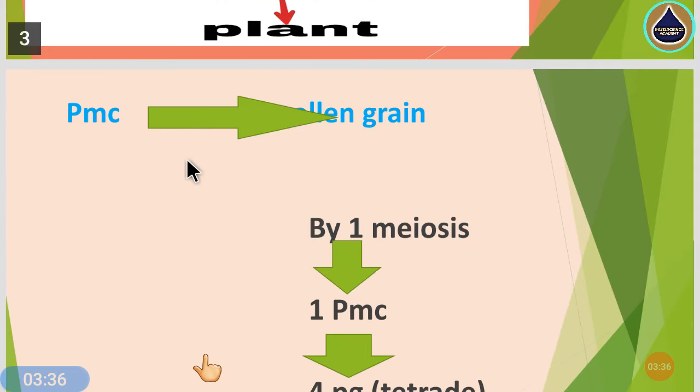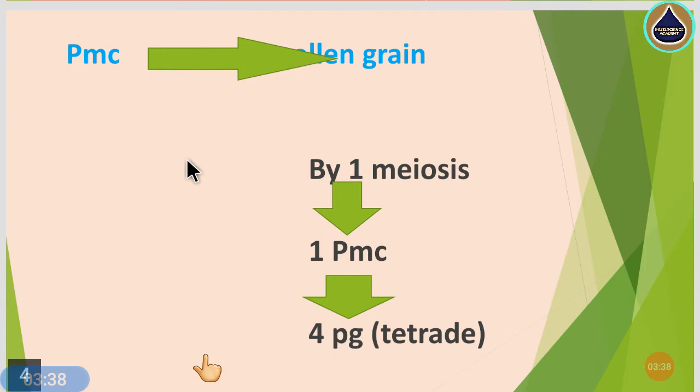Now we'll go for the number of cell divisions that is needed for the formation of this pollen grain. Dear students, you can see here there is a term PMC, meaning pollen mother cell. This pollen mother cell is a diploid cell having 2n number, and it is needed for the formation of the pollen grain, because the pollen grain eventually forms the male gamete.